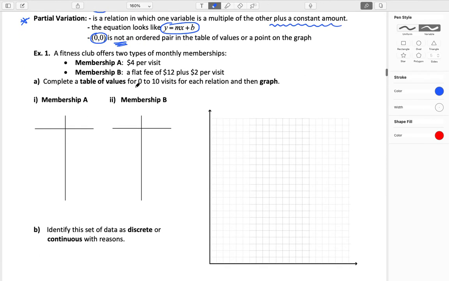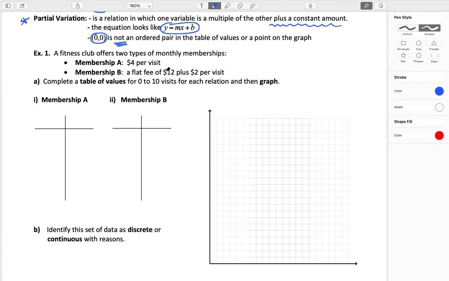So example 1. We have two types of monthly service membership. Membership A is $4 per visit. Membership B has a flat fee of $12 plus $2 per visit.